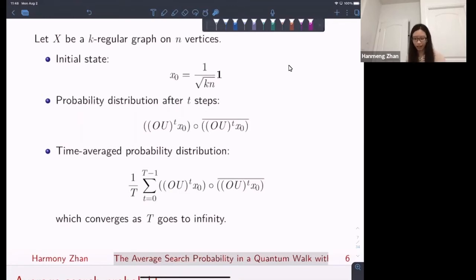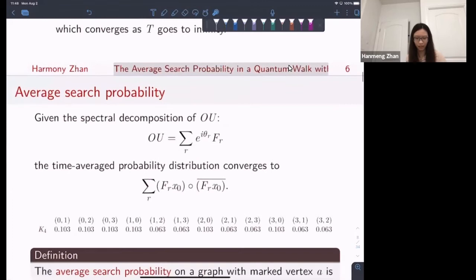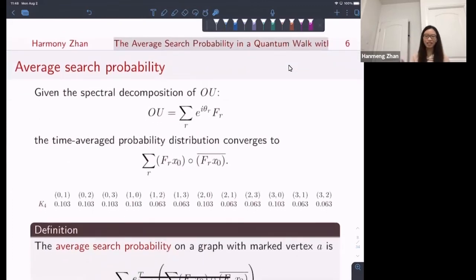All right. Now, I think every talk on quantum walks will have a slide of spectral decomposition. So here it is. Let the spectral decomposition of U be this. Every eigenvalue of U lies on the unit circle, so it has to take the form e^{iθ_r}. Let F_r be the eigenprojection onto the eigenspace of this eigenvalue.